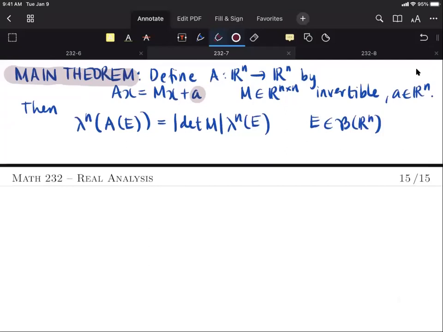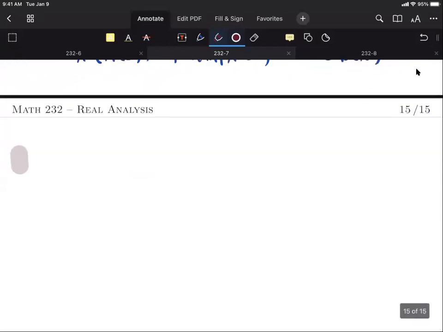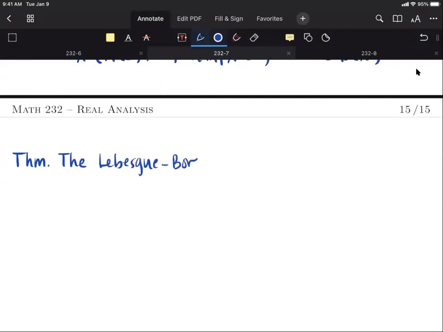So to start, let us establish the translation invariance of the Lebesgue-Borel measure. So let's start with the following theorem. The Lebesgue-Borel measure on Rn is translation invariant.